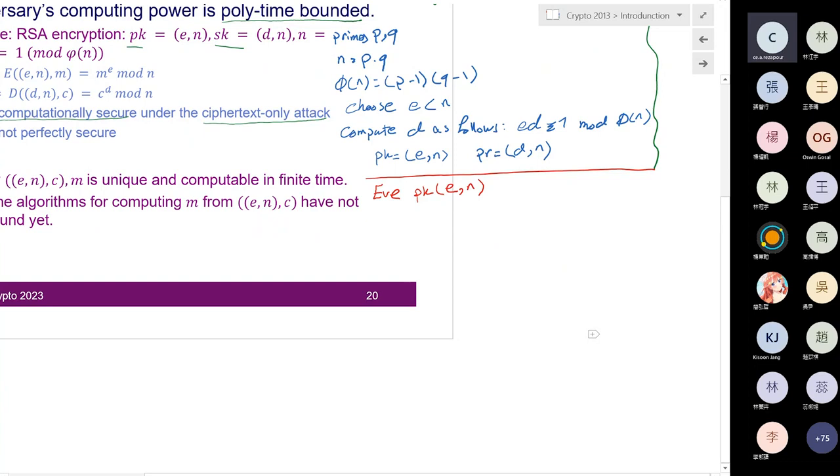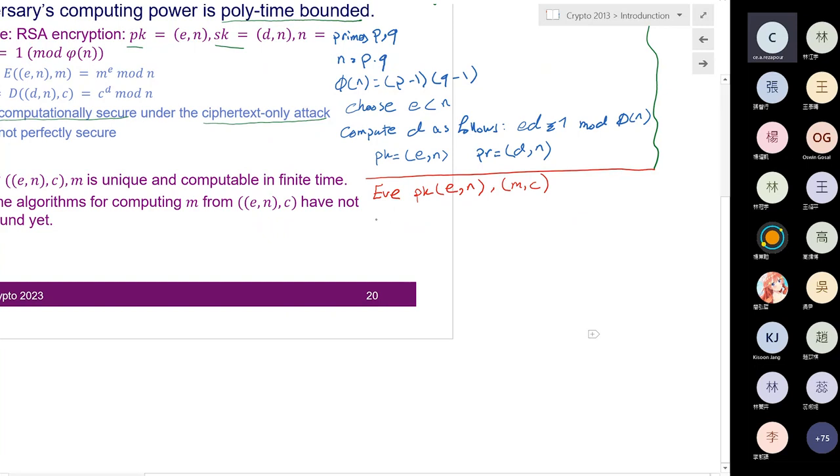You can share it with everyone. And Eve also knows, let's say, a pair of message and its corresponding ciphertext. And then the goal of Eve is basically to try to see if she can compute D over here.